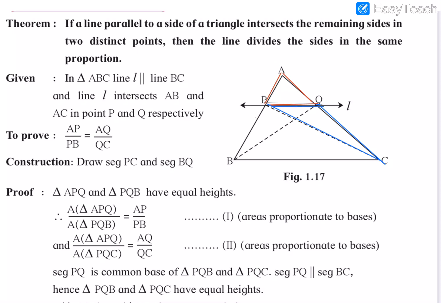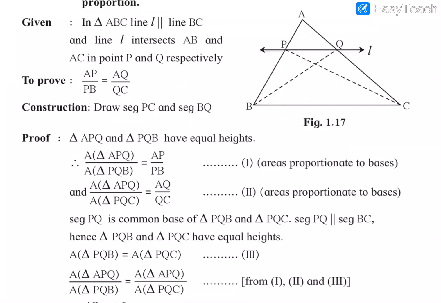So base of this APQ is AQ, and the base of the triangle PQC is QC. According to area proportional to base, we get two conditions here. First condition is area of APQ by PQB is equal to AP by PB, and second condition area of APQ by PQC is equal to AQ by QC.